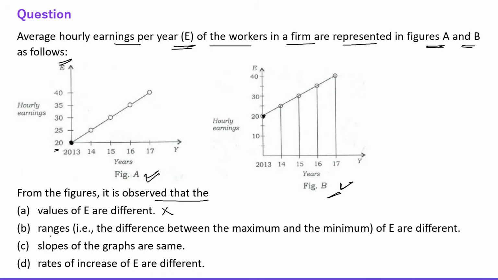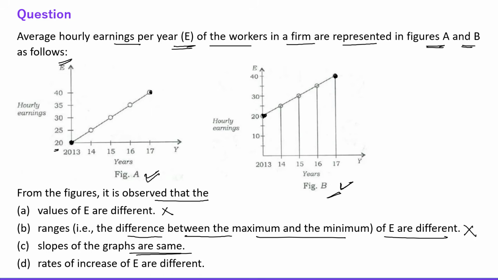Now option B: ranges of E are different. Range means the difference between the maximum and the minimum. No, ranges are also the same, because it starts from 20 and goes till 40, and the other also starts from 20 and goes till 40. So this option is not correct. Then, slopes of graphs are the same.